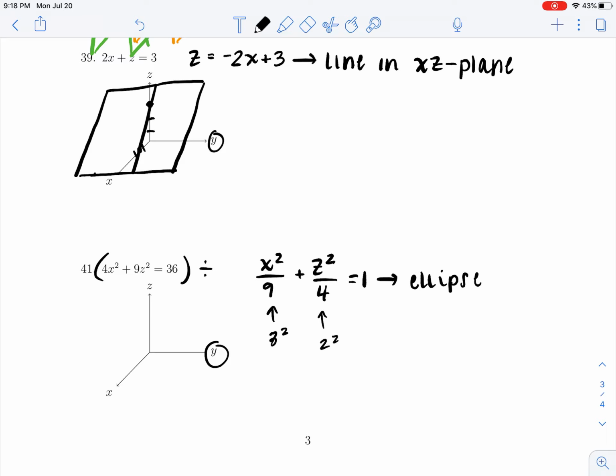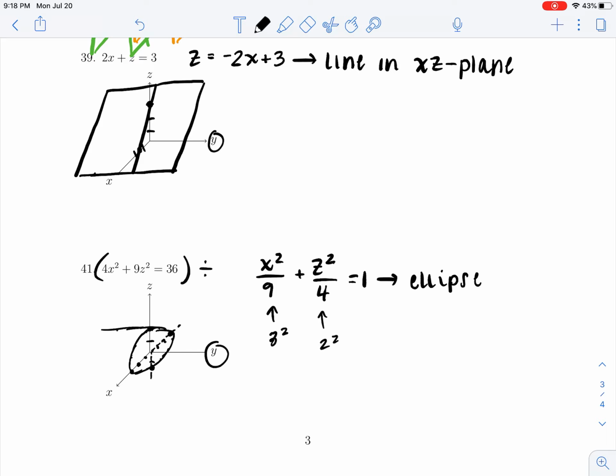So I want to go out plus or minus 3 in the x direction. And I want to go plus or minus 2 in the z. And just draw that ellipse there. And then I want to extrude this along the missing variable y.